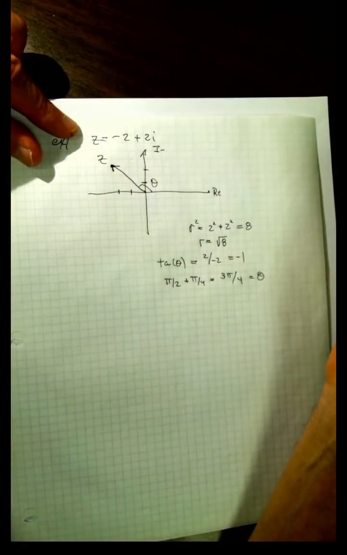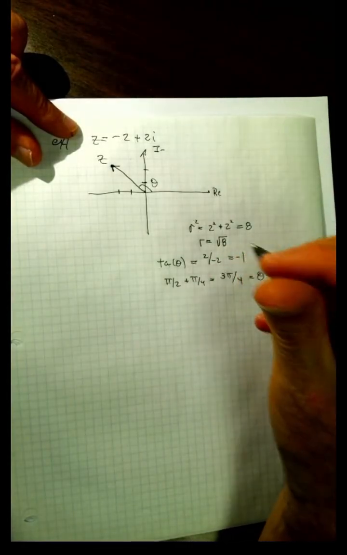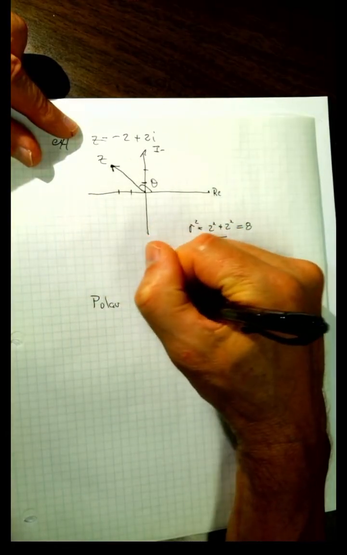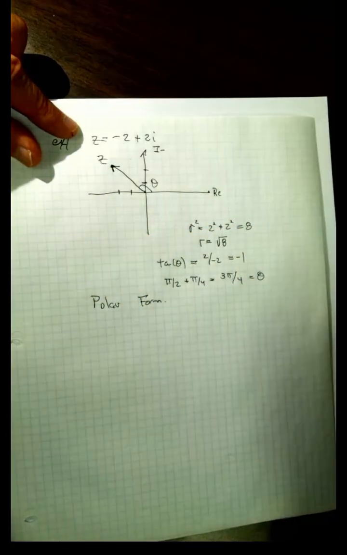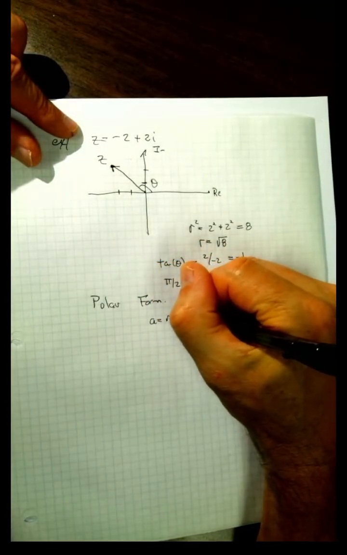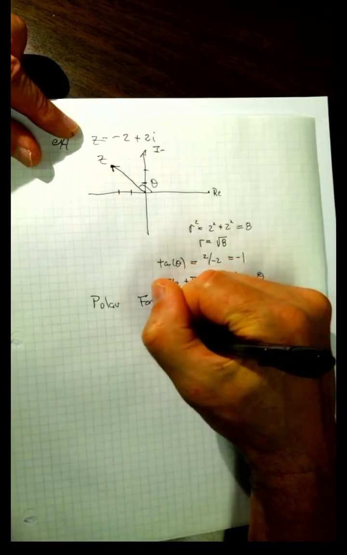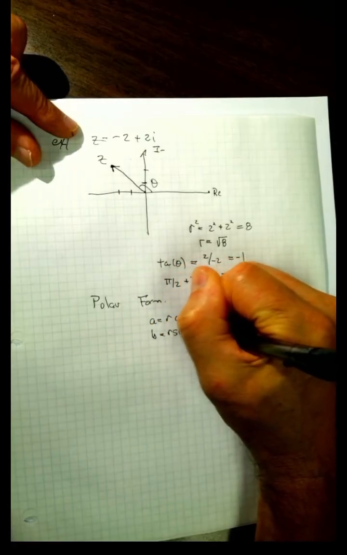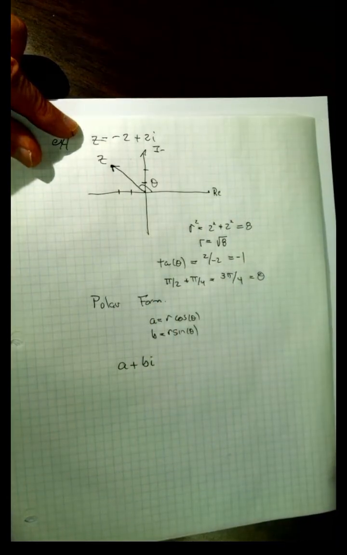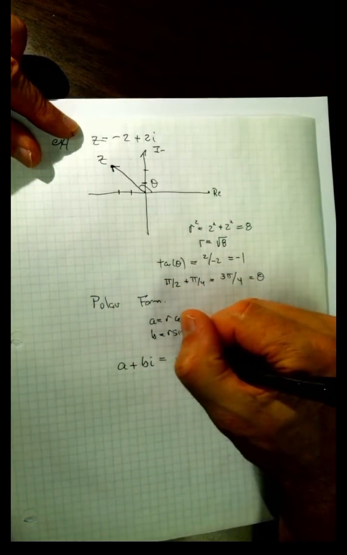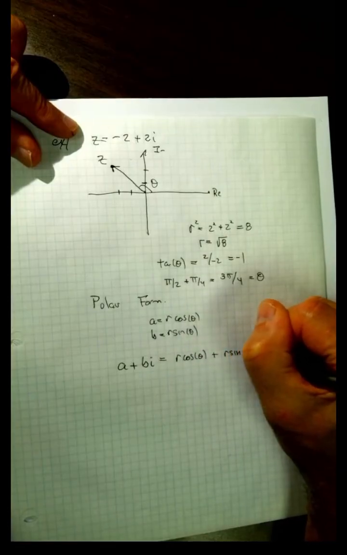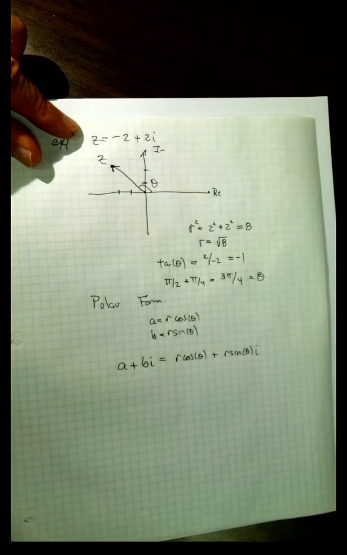It turns out there's yet another way to think about this. By the way, the way we just looked at things is looking at it in terms of the polar form. Because if we know that a is r cosine theta and b is r sine theta, if I have a complex number, I can write it in that form. But I can also write it in that form.